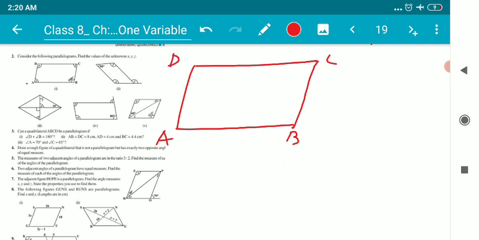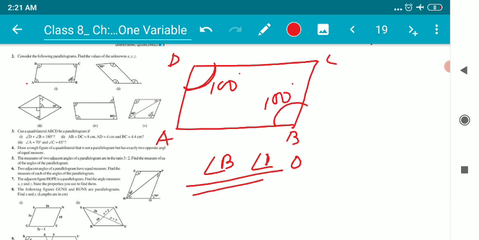We should always know that opposite angles of a parallelogram are always equal. I repeat, opposite angles of a parallelogram are always equal. Means if the angle B measures 100 degree, then the measure of D will also be 100 degree. It has to be 100 degree because angle B and angle D are opposite angles.